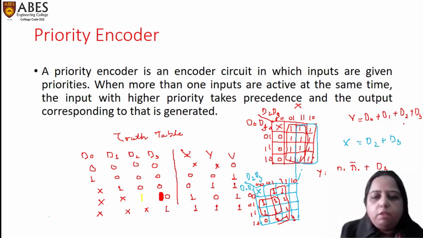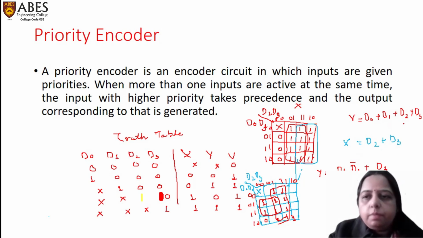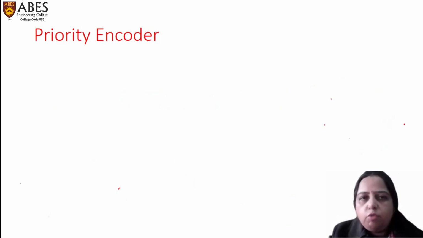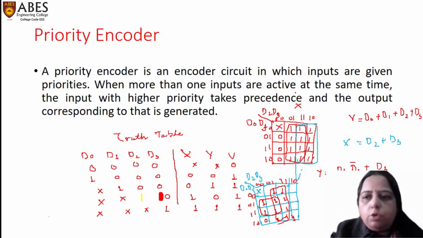With the help of this, we can find the priority encoder and draw the logic diagram with the help of X, Y, and V. First of all, we will start with X. For X, we have D2 plus D3.